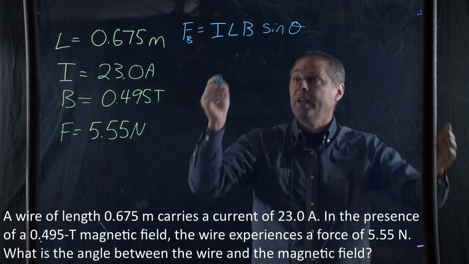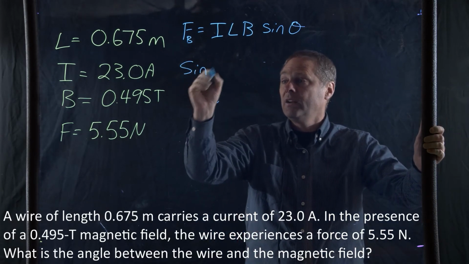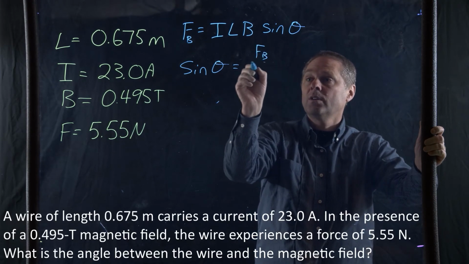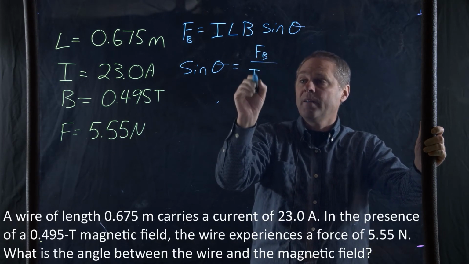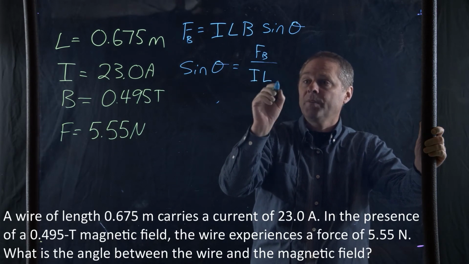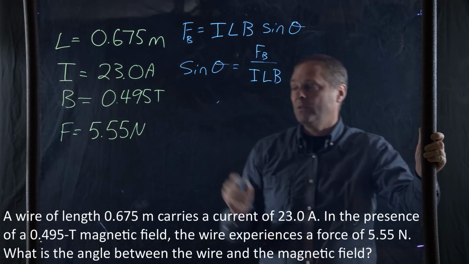We're looking for theta, so we can solve this for the sine of theta is equal to the force divided by the current times the length of the wire times the magnetic field.